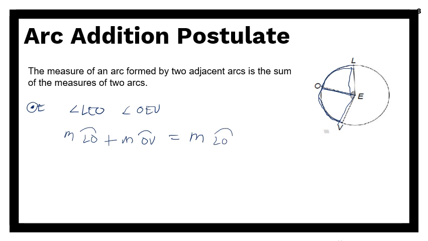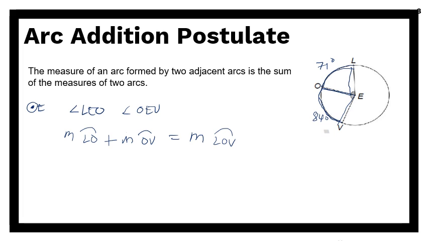So let's have an example. For example, arc LO is 71 degrees. Arc OV is 84 degrees.